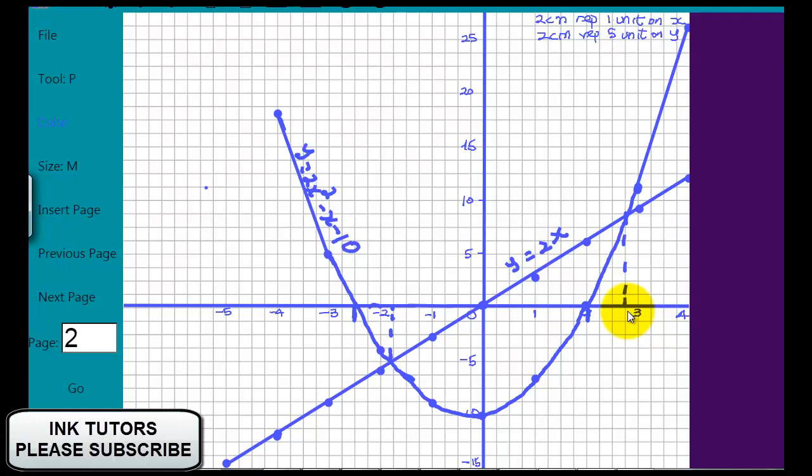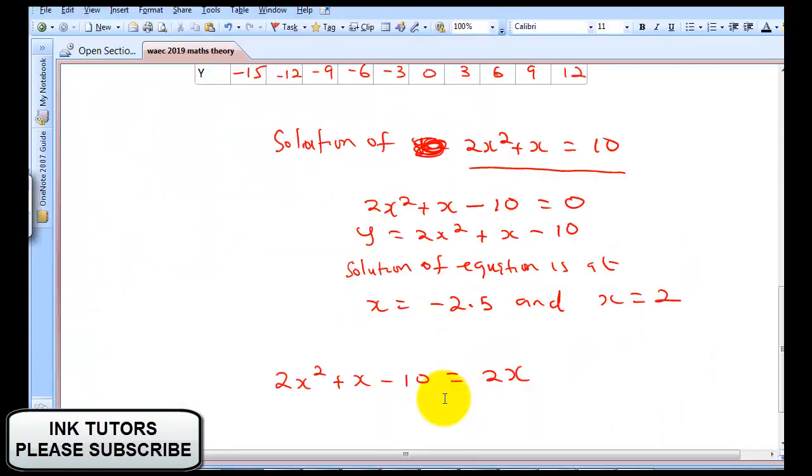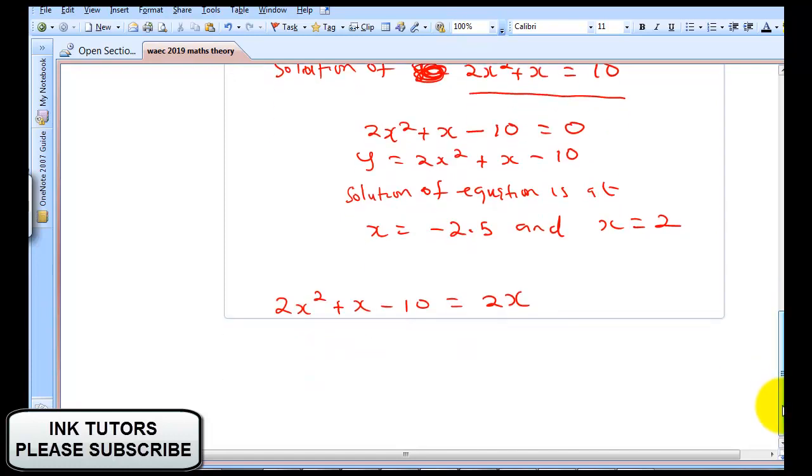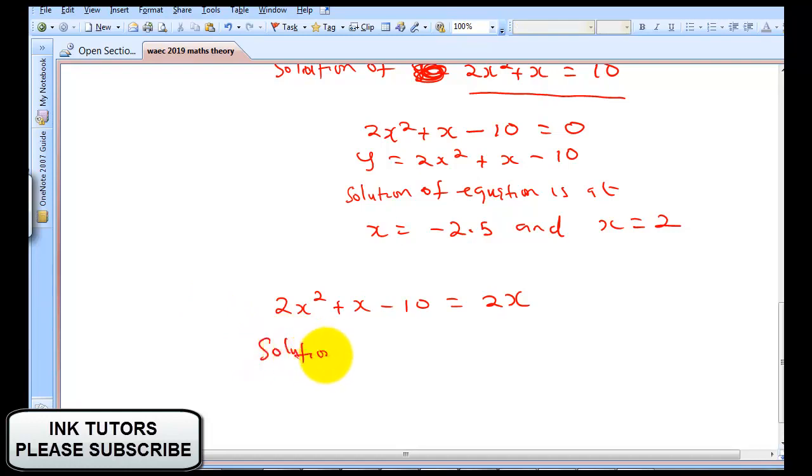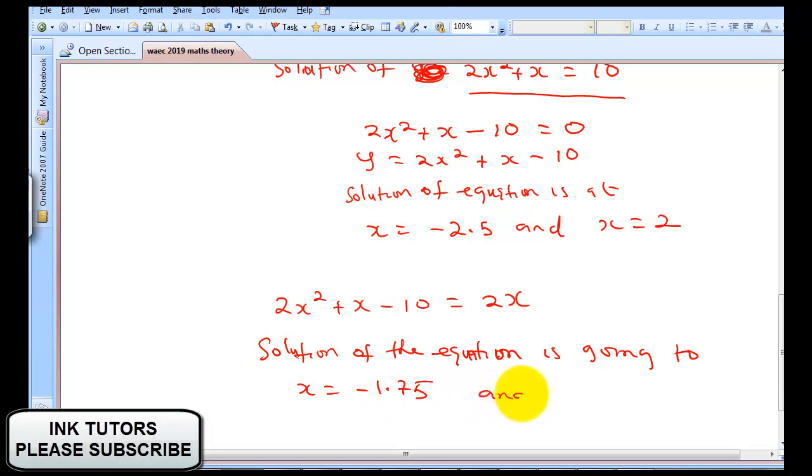Okay, so now tracing it from our graph, the solution of the equation is going to be, just like we traced it from our graph, at x equal to minus 1.75 and x equal to 2.75.